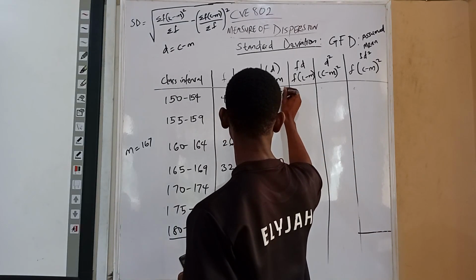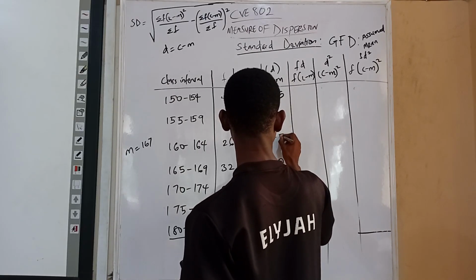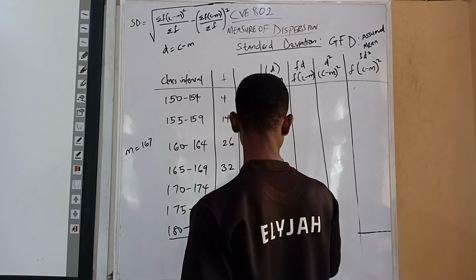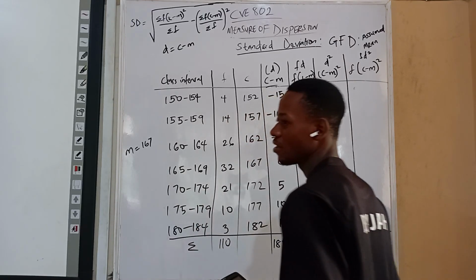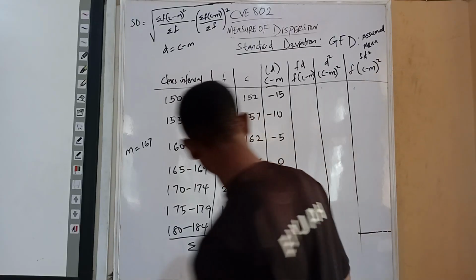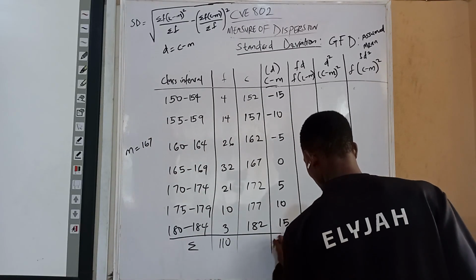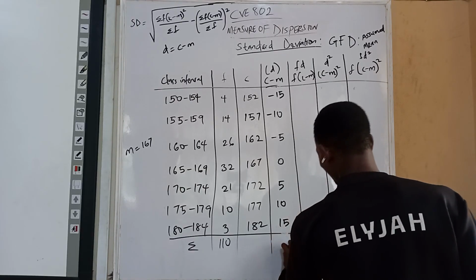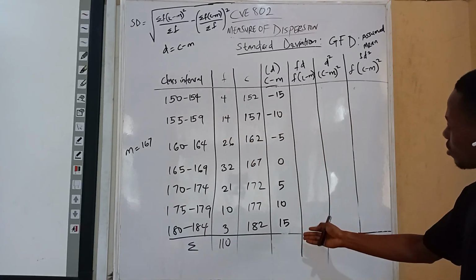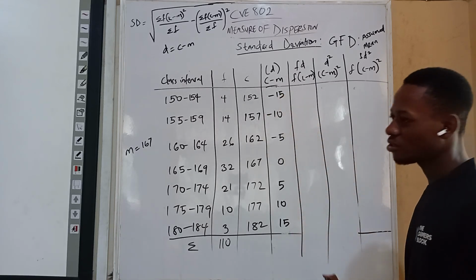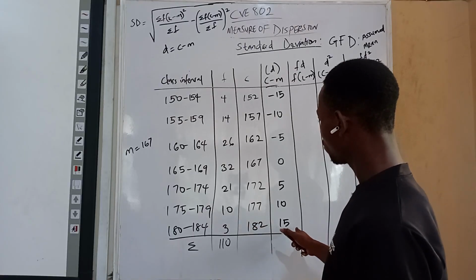This one is minus 15, minus 10. This one is minus 5, 0, 5. Let me check the addition and subtraction. So 182 minus 167 should be 15.